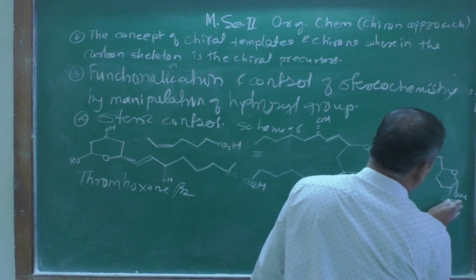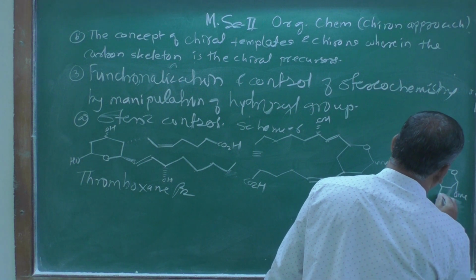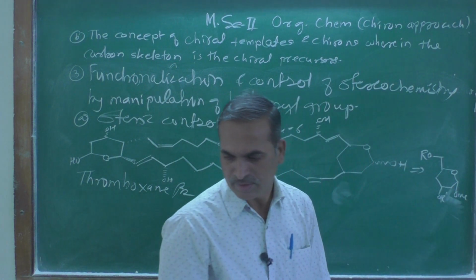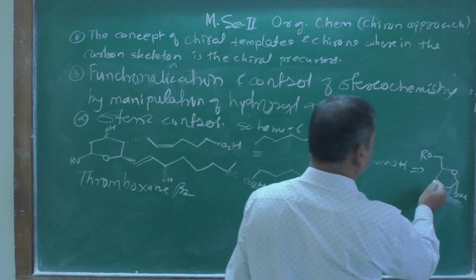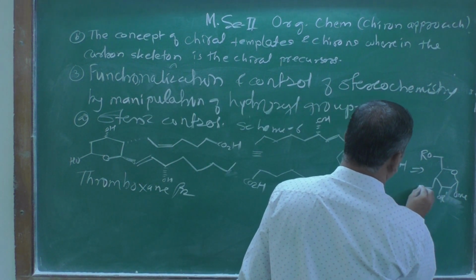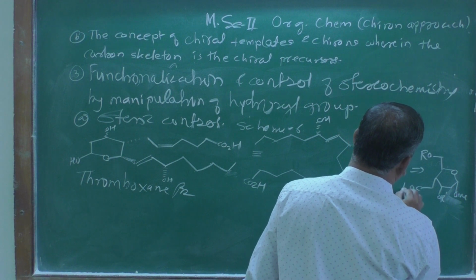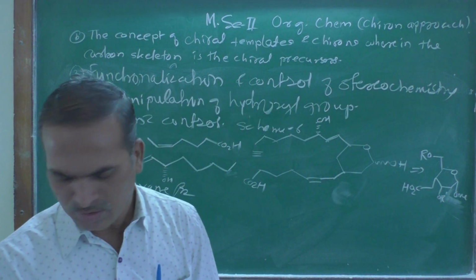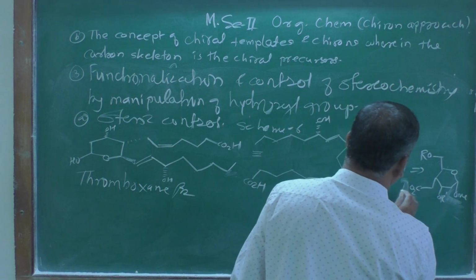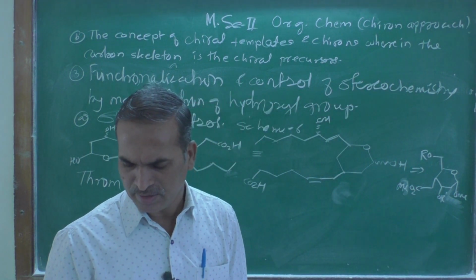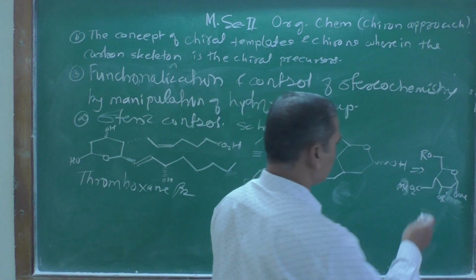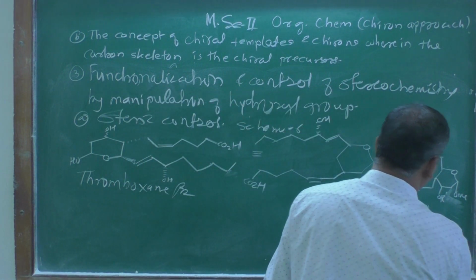Here is an OR dash, and on this side, this one, CO2H. There is a methoxy group here, and this can be obtained from this one.